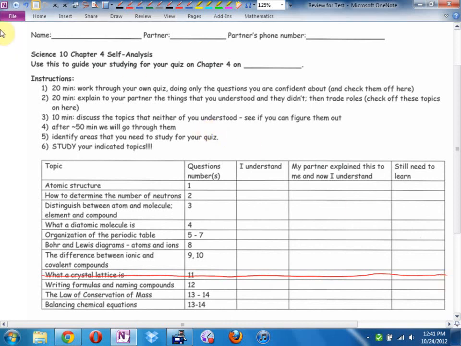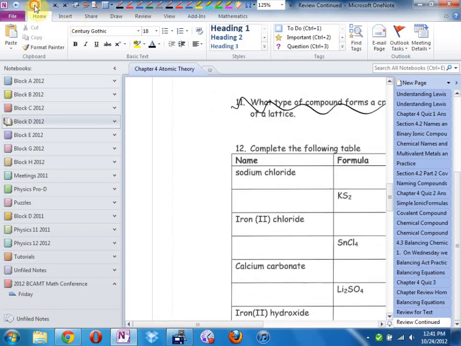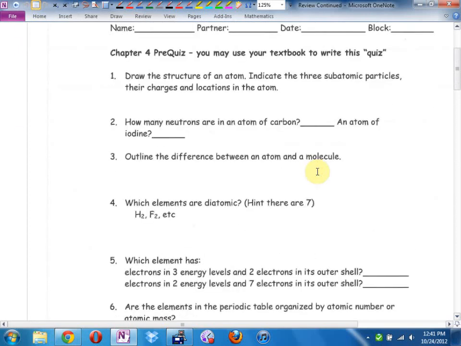So take a look at the quiz. The quiz looks like this. Number 1 says, draw the structure of an atom, indicate the 3 subatomic particles. What are the 3 subatomic particles inside an atom? Protons, neutrons, and electrons. So if you're drawing a picture, draw a rough sketch of any atom, but make sure you know where the protons and the neutrons are and where the electrons are.